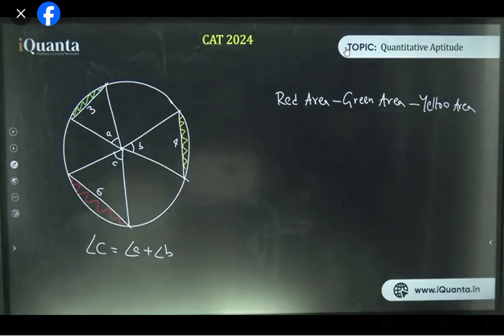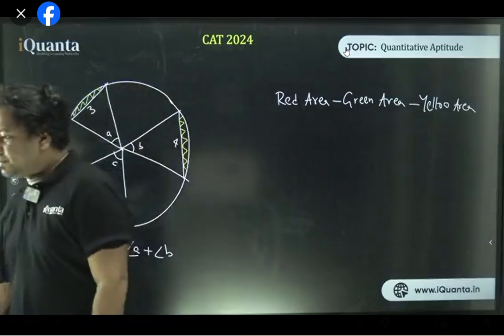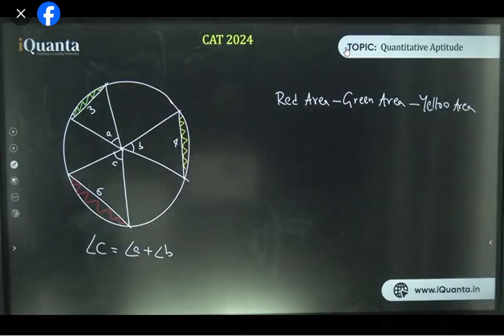Is that so? I can give you a radius. कुछ भी मान लो, 7 मान लो, चलो ठीक है. कोई फर्क पड़ेगा नहीं, कट जाएगा, गायब हो जाएगा actually.